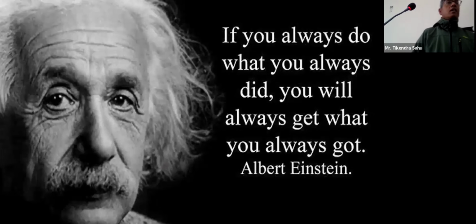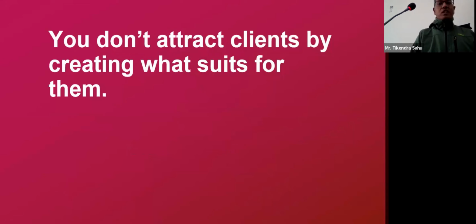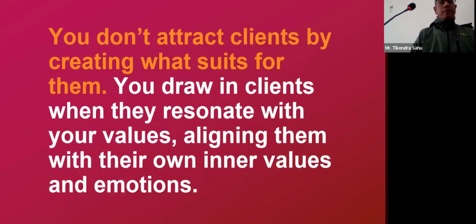So I have a quote. If you always do what you always did, you always get what you always got. That's a famous quote by Albert Einstein. So if you just do what you did, you get the same result, and that's it. But that's not how the world works, right? So we need to do it differently. You don't attract clients by creating what suits them.